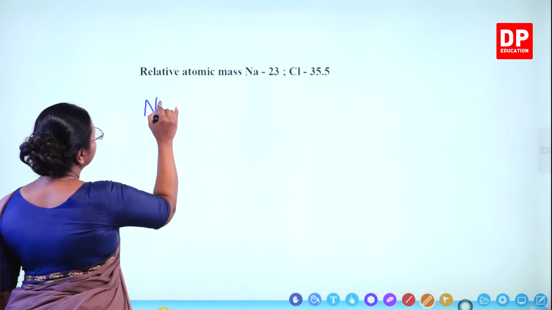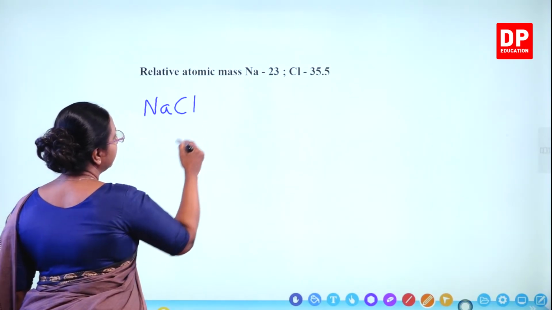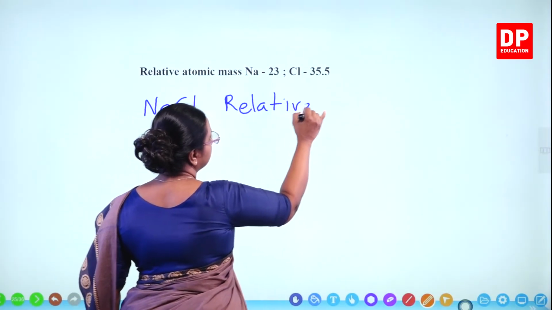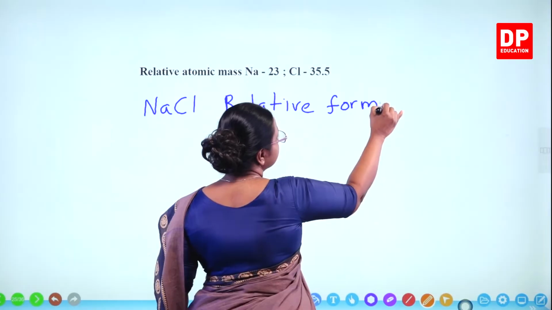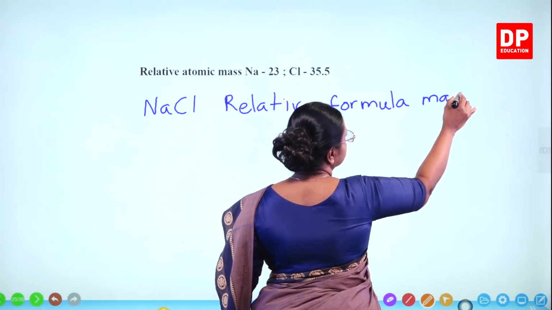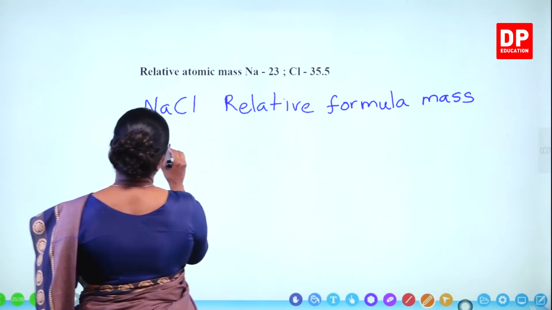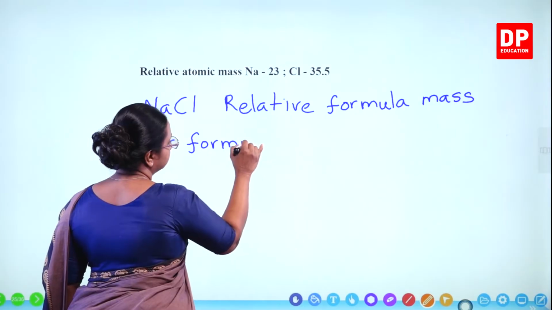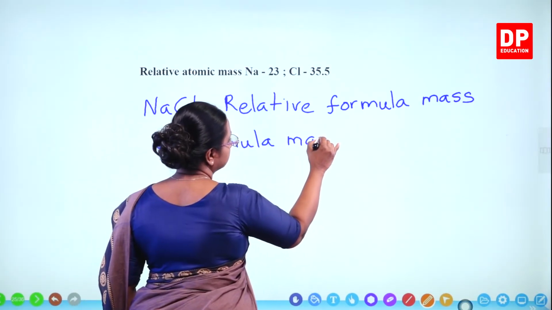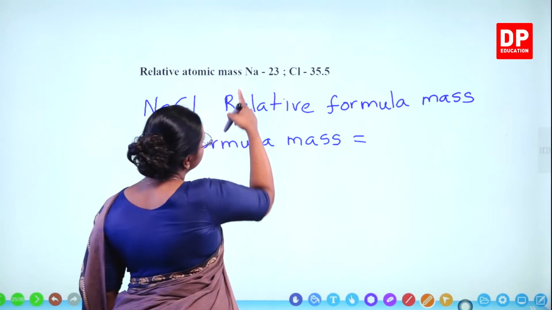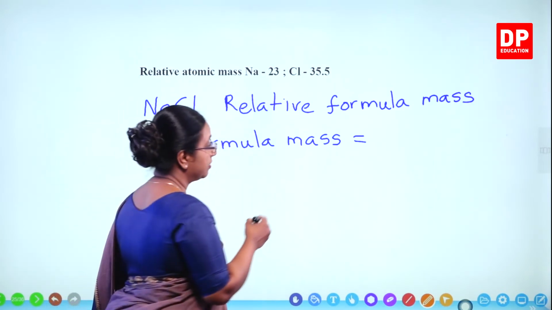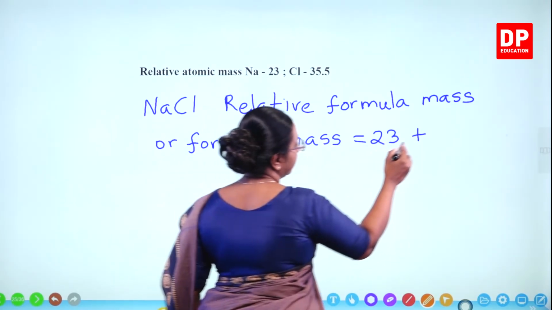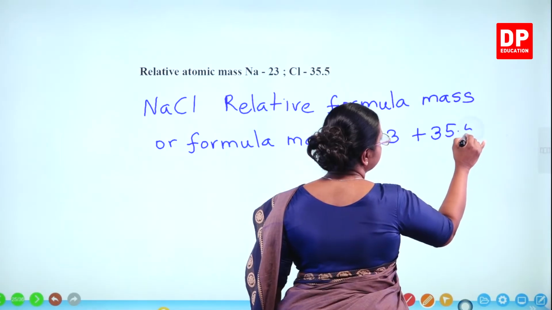So if you are to calculate for sodium chloride, the relative formula mass is equal to, again there is one sodium, so you write 23, plus 1 chlorine, 35.5.